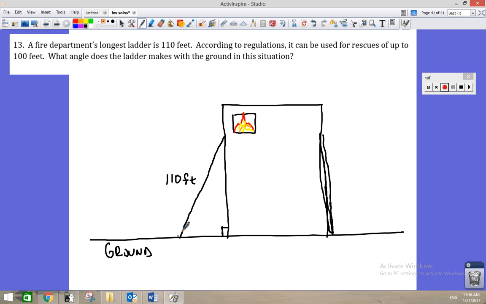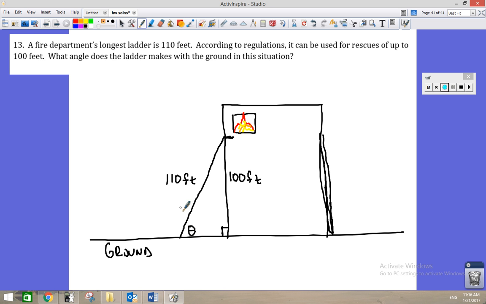So they do expect them to be in shape enough to climb a ladder that is pretty steep. They want to be able to reach up to a height of 100 feet. We need to know what angle they are allowed to. They don't want that angle to be greater than this.